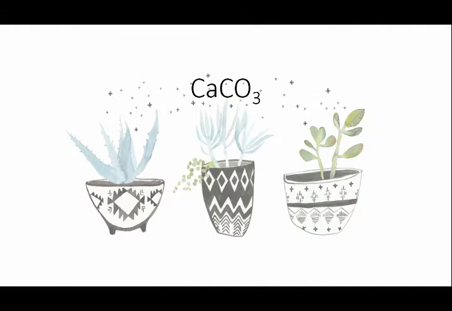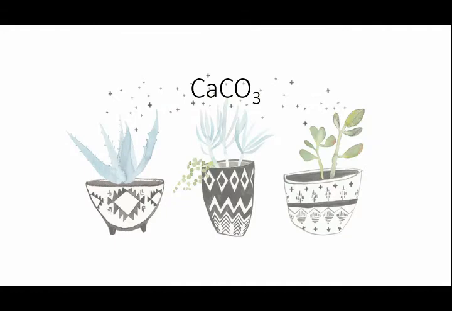CaCO3, or calcium carbonate. As we can see, calcium carbonate is a compound that consists of 3 elements, which are calcium, carbon, and oxygen. The question is, is calcium carbonate one of the ionic compounds?